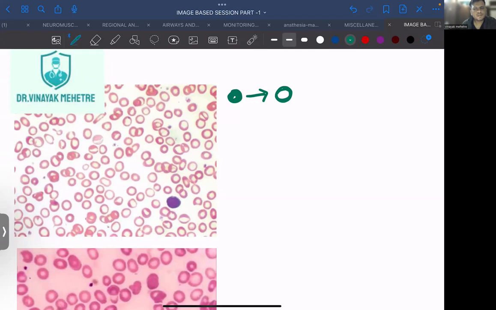Okay, what has happened over here? Increase in central pallor. इसका मतलब क्या हुआ? अंदर का जो व्हाइट पार्ट है, this white part is increased. इसी को बोलते हैं हम increase in central pallor.